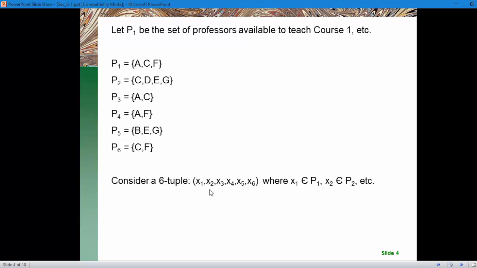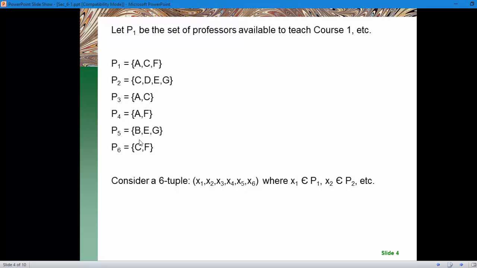Now here's a definition that we're going to use in this section. It's called a tuple. If you remember from college algebra or calculus or previous math courses that you took, you probably remember coordinates when we have x and y, right? And here we're going to extend that idea to tuples. A tuple is simply a list of coordinates of elements from given sets.